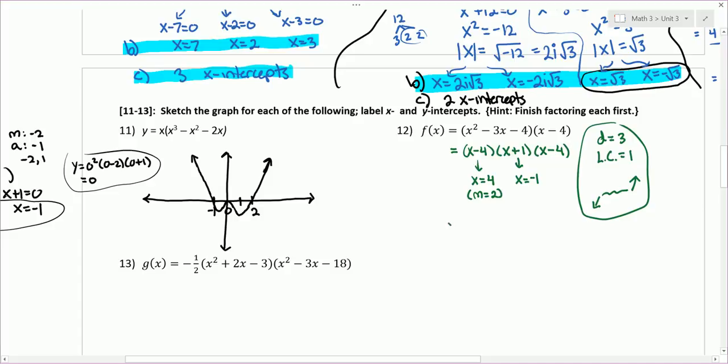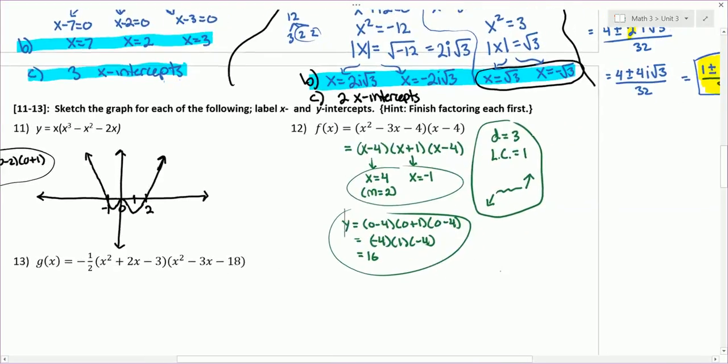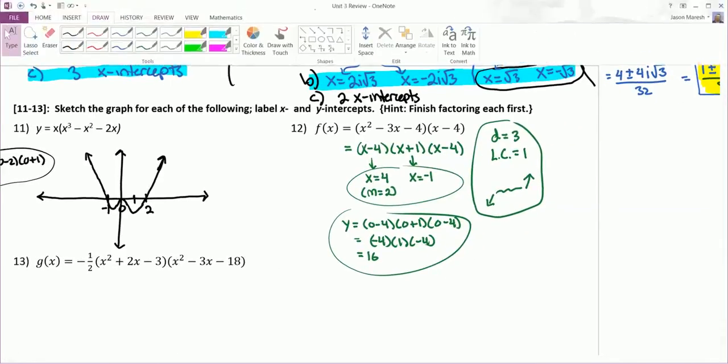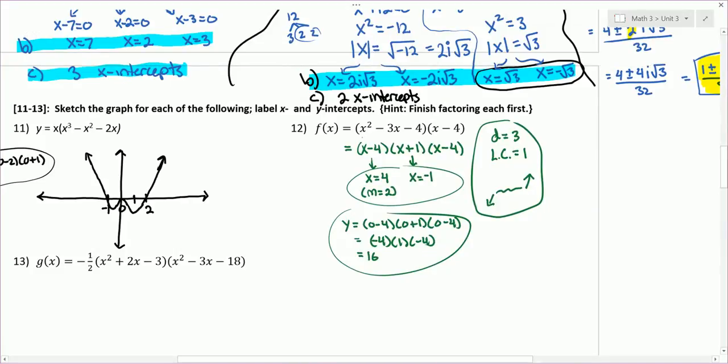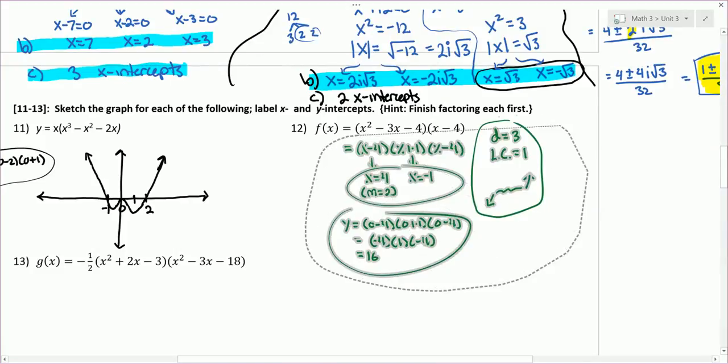For our y-intercept, we plug in 0 for x, so 0 minus 4 times 0 plus 1 times 0 minus 4, and we end up with negative 4 times 1 times negative 4, which is 16. So we have a y-intercept at 16. So we're going to put all this information together to create our graph. I'm going to scoot this over to the right.